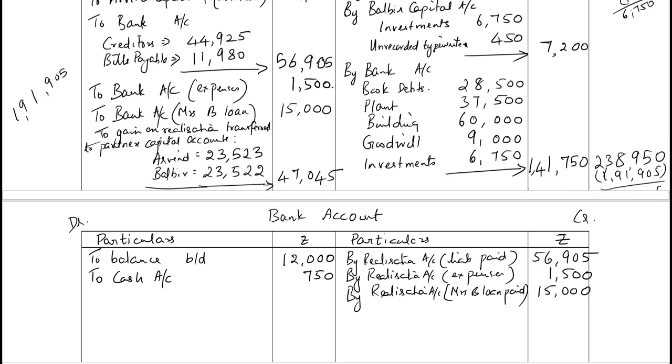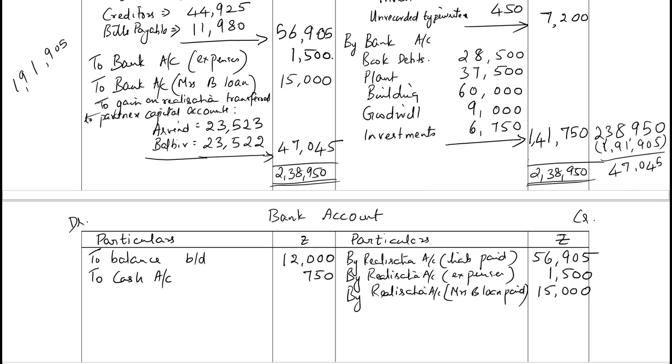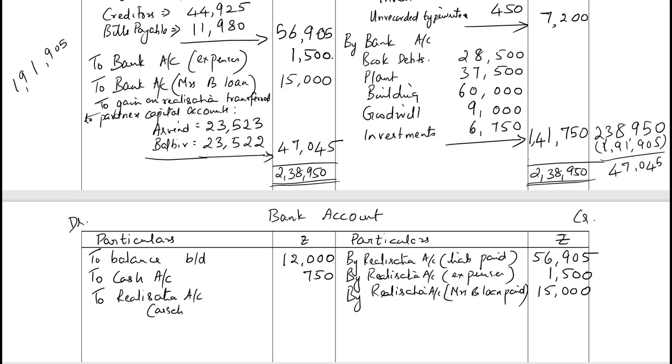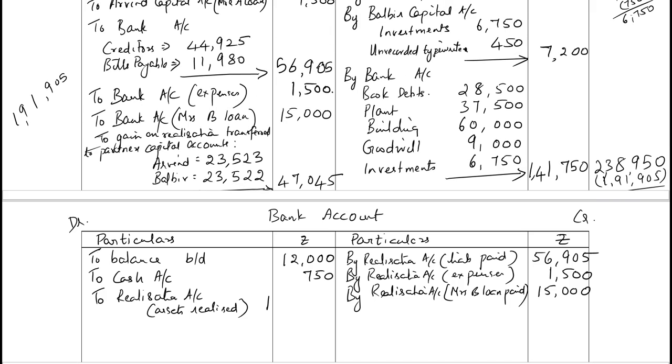And on the credit side of the realization, total amount realized from sale of assets to realization account, assets realized, ₹1,41,750 rupees.